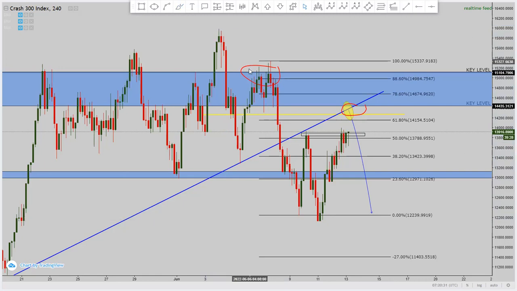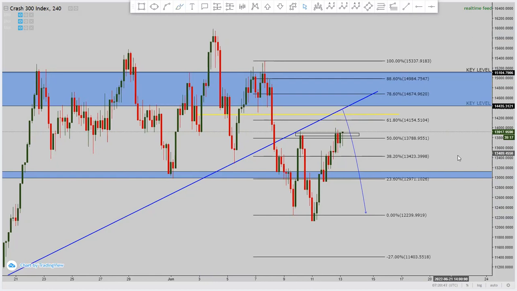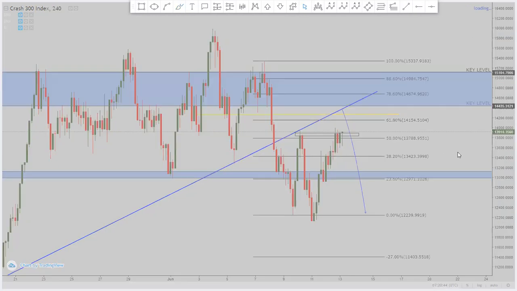So that is the major zone that I'm expecting price to come to. Once it comes there, it's simply an opportunity for entry.